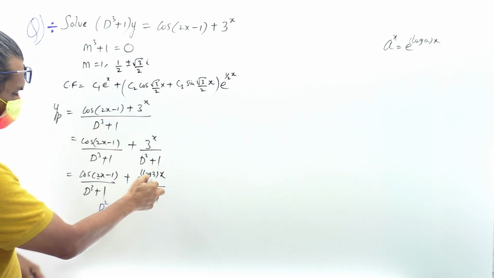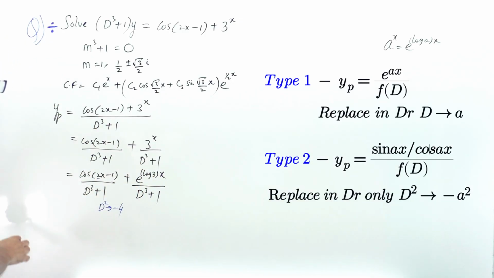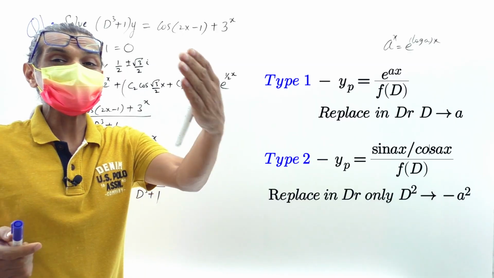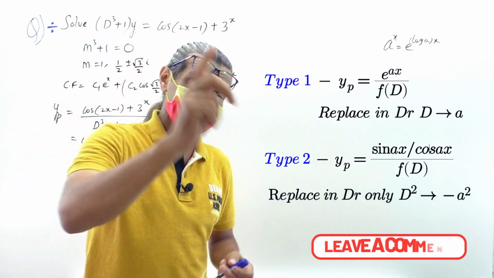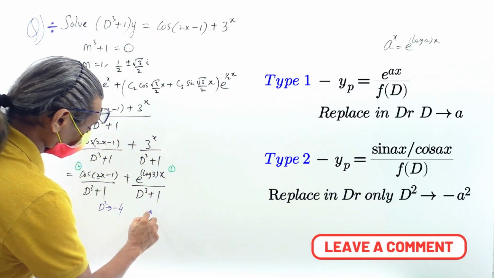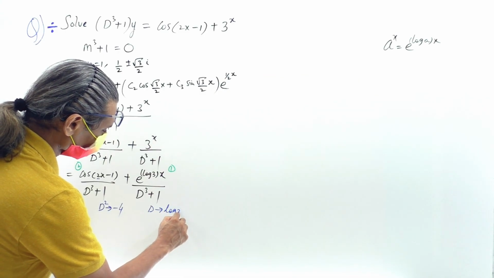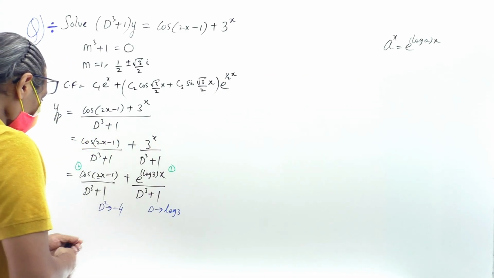And this is type number 1, e raised to ax upon f of D. If the numerator is e raised to ax, it is type number 1. In type number 1 we always replace D in the denominator by a. What is a here? Log 3. That's it. Now let's put it here.